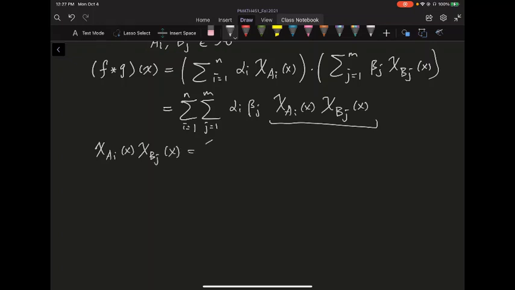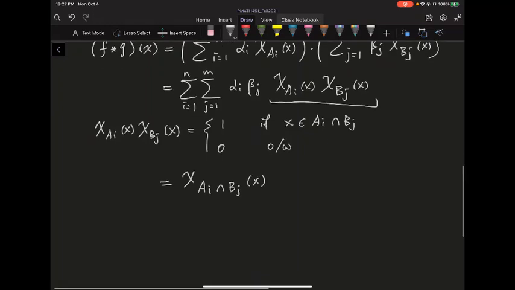If you think about what possible values it can take, it only takes a value of 1 if x is inside both A_i and B_j. Otherwise, one of the chi will give you a 0. So essentially what you proved is that this is the same as the indicator function of A_i intersect B_j.